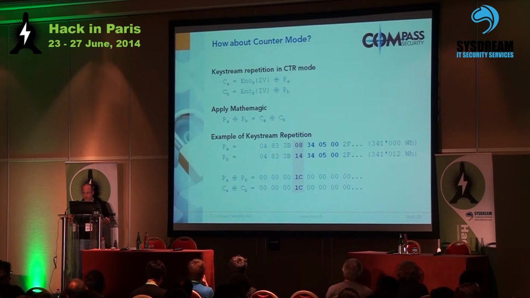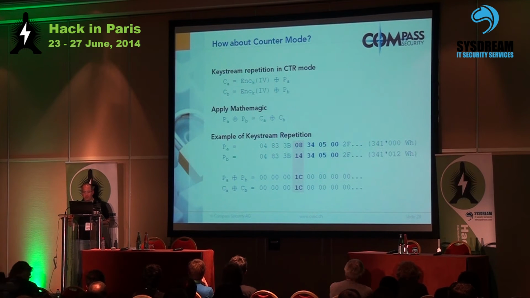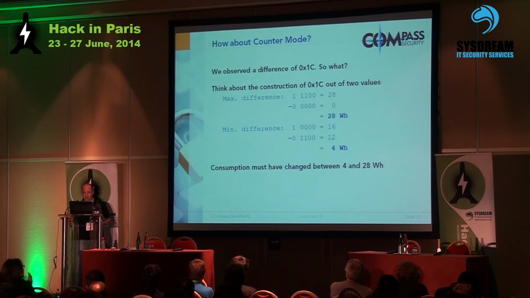Now what we are going to do with this 1C is we figure how much the difference could actually be. So we'll try to find the nearest pair and the most widely separated pair. And this tells us basically the consumption must have changed between 4 watt hours and 28 watt hours. Is this an issue?